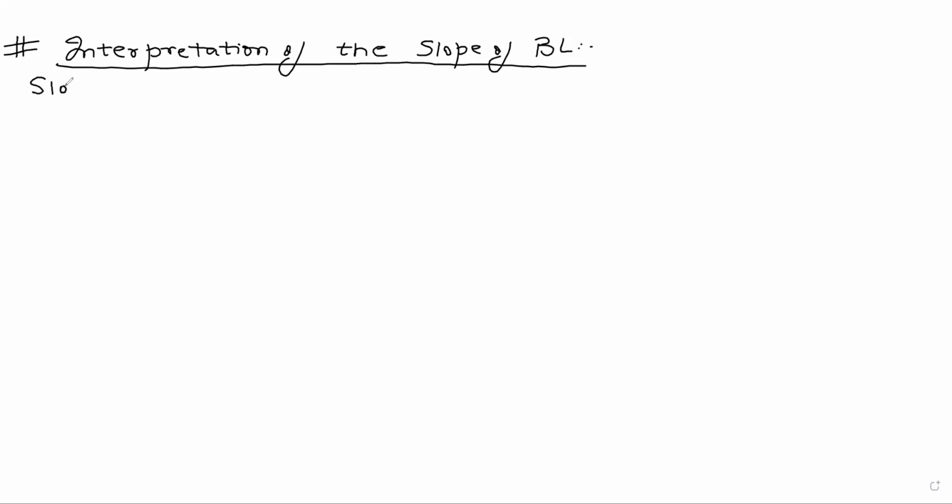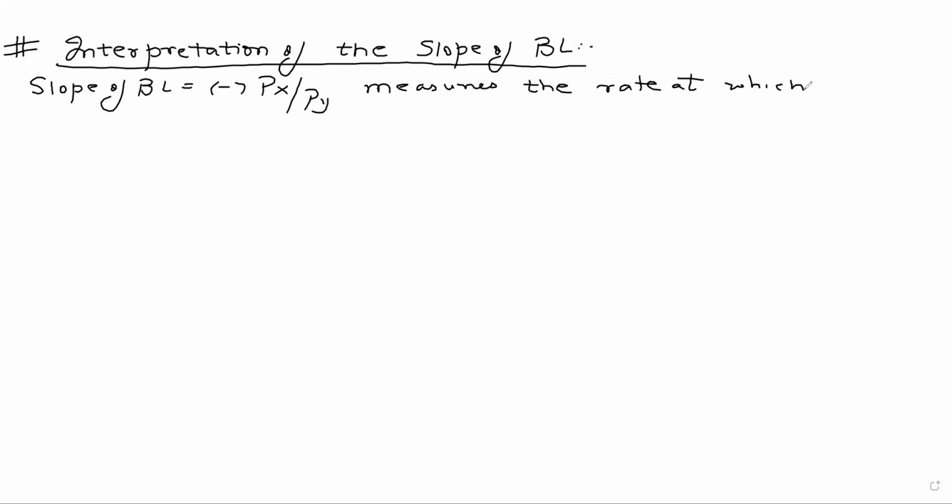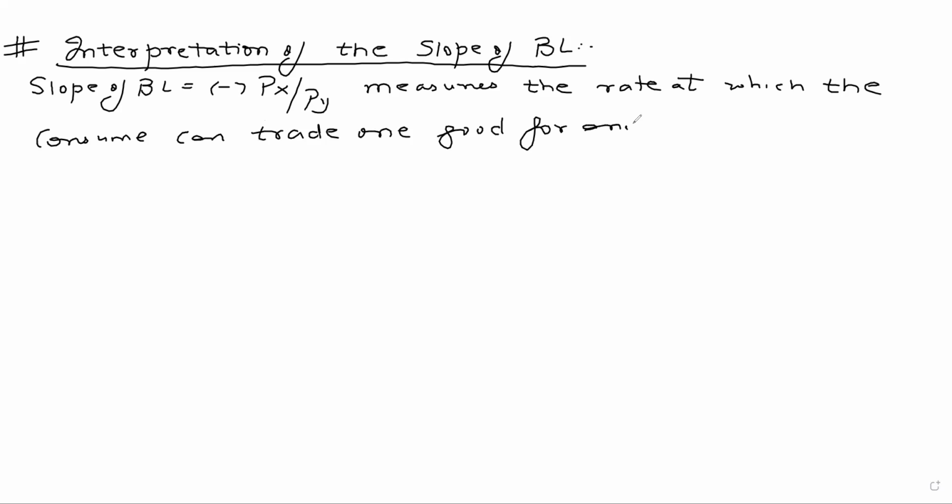So the slope of the budget line, which we have found as minus px by py, measures the rate at which the consumer can trade one good for another.